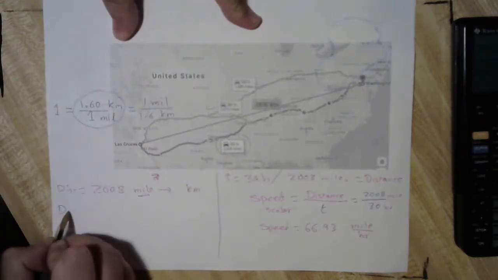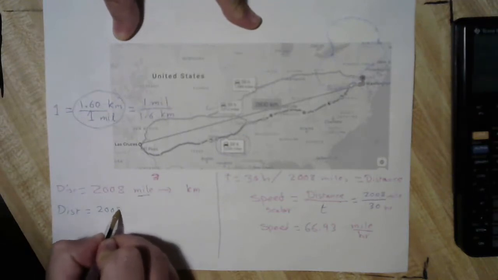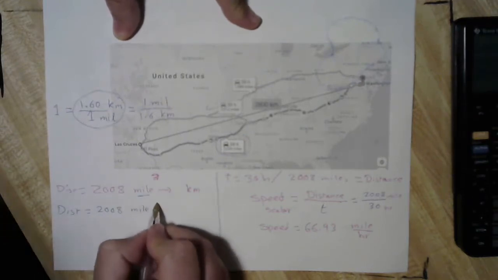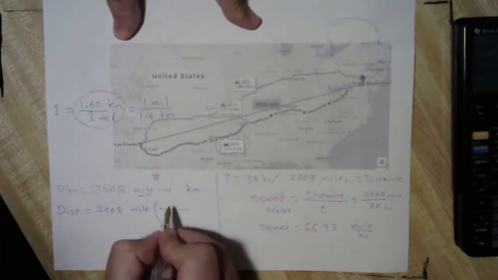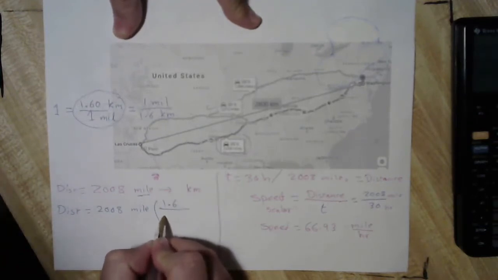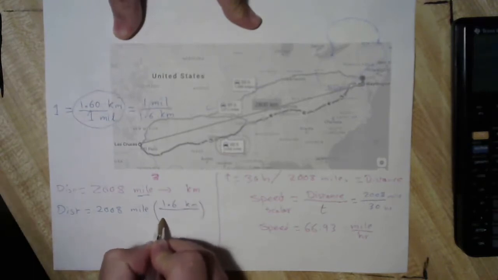So distance will be equal to 2008 miles multiplied by 1. This is 1 and this is 1. I need to use this one: 1.6 kilometers divided by 1 mile.